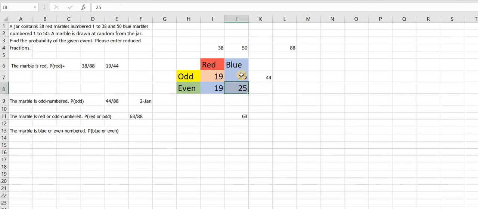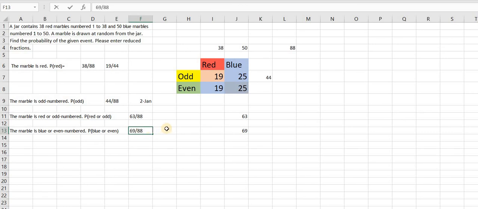So to count all of the marbles that satisfy both of these categories without repetition, I'm going to add 25 plus 25, and then we are going to add the 19 only. So 25 plus 25 plus 19, which is equal to 69. So the probability here is 69 divided by 88.